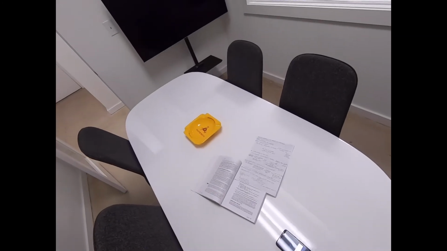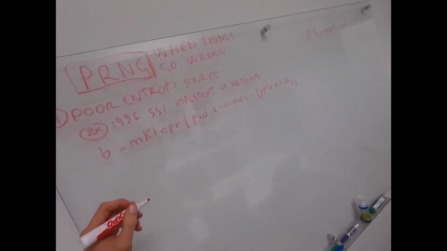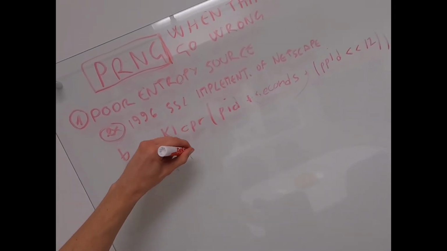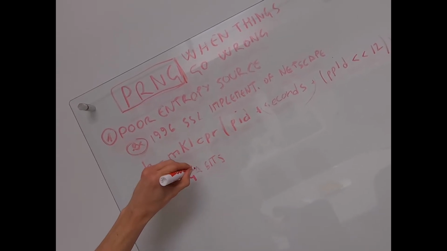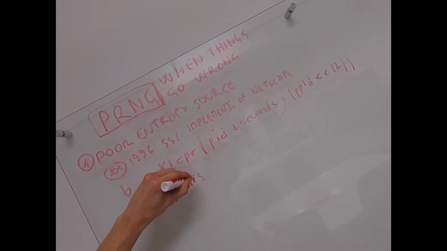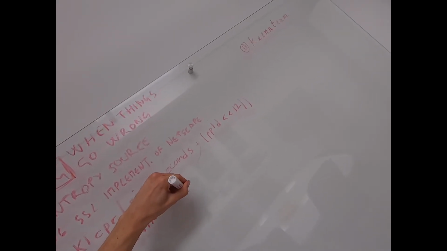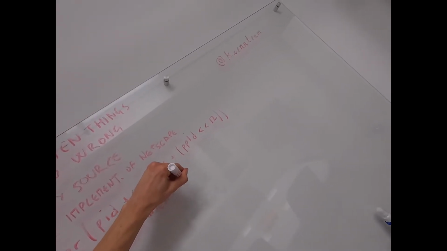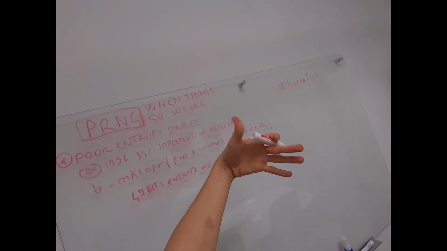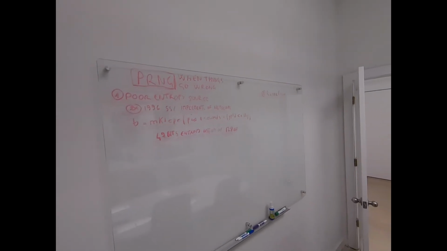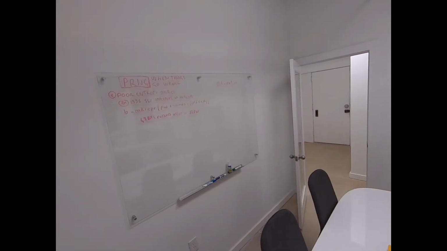But the point is that we're having an entropy of 47 bits instead of 128 bits, right? If we want to have a 128-bit key, we better have 128 bits of entropy. We saw in the video on entropy how to calculate it for X bits of randomness.